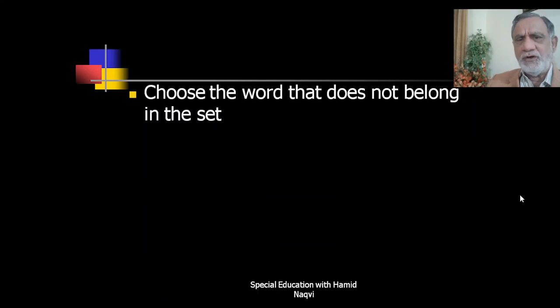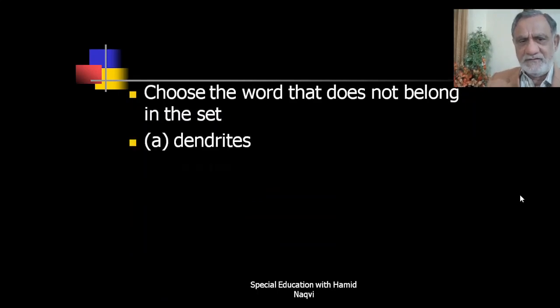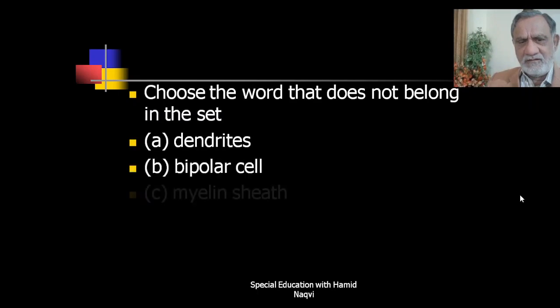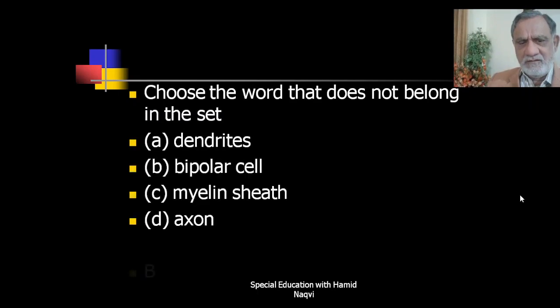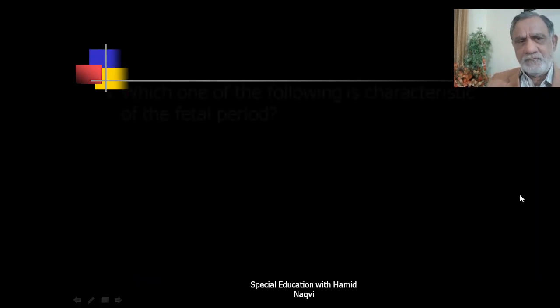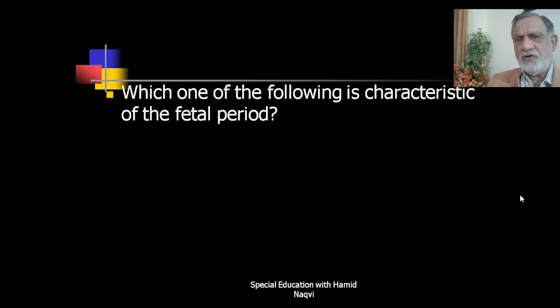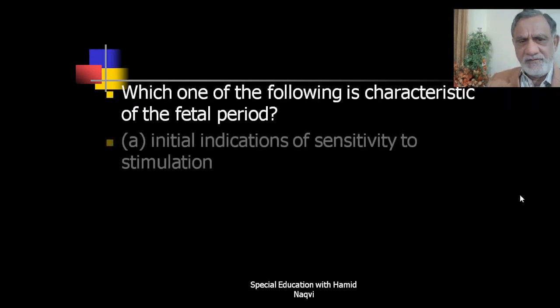Choose the word that does not belong in the set. Correct is B, that is bipolar cell. Which one of the following is characteristic of the fetal period?